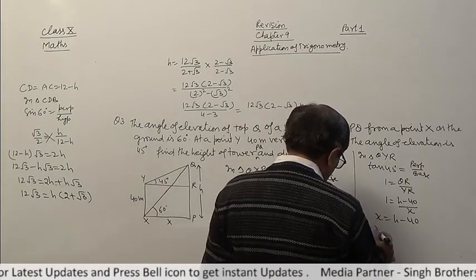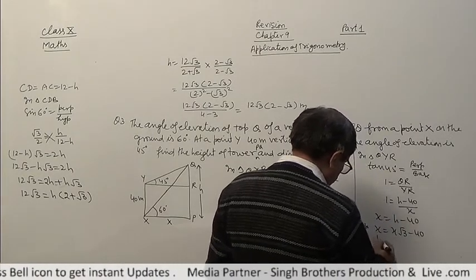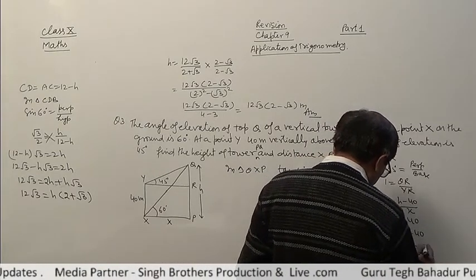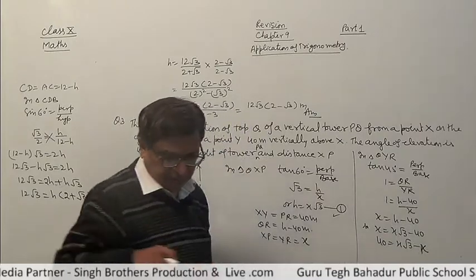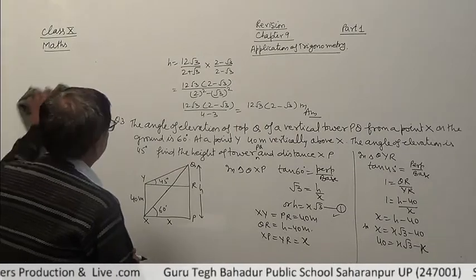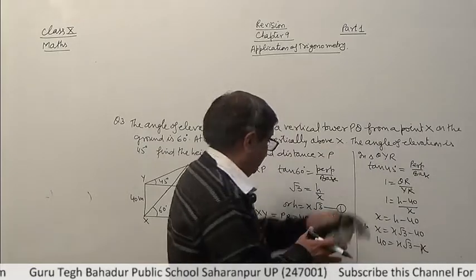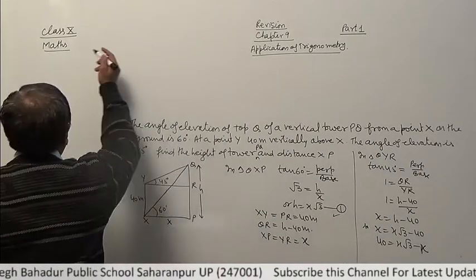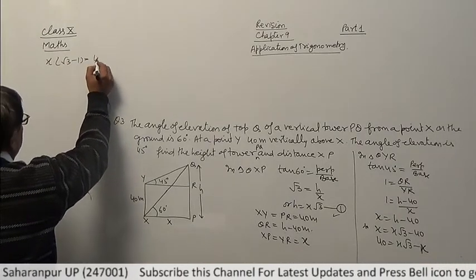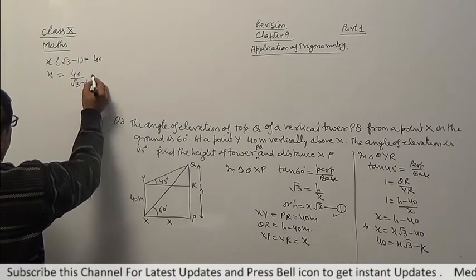So x is equal to x root 3 minus 40, or 40 is equal to x root 3 minus x. Taking x common, root 3 minus 1 is equal to 40, x is equal to 40 upon root 3 minus 1.